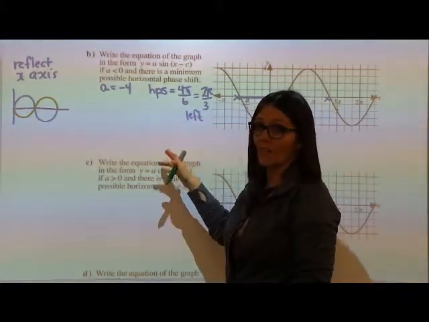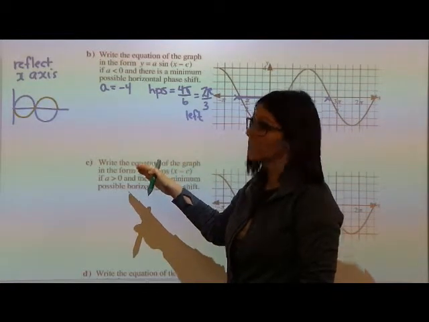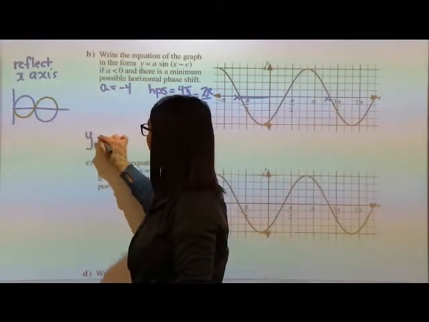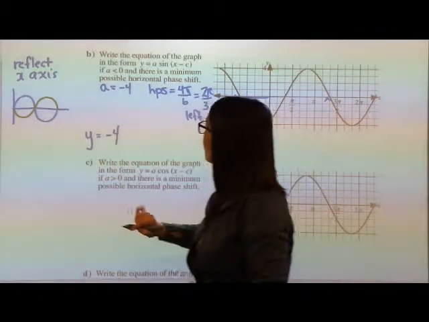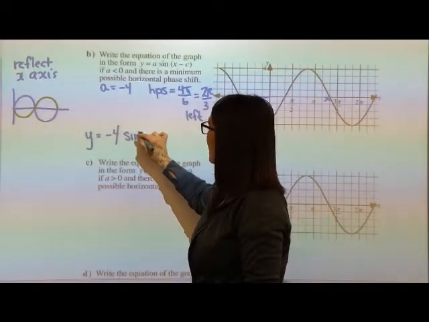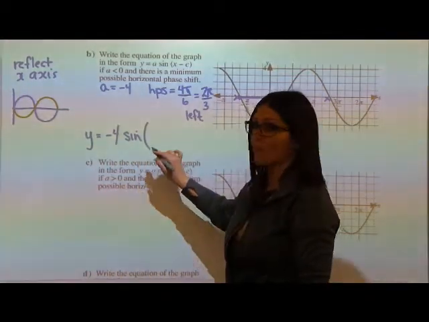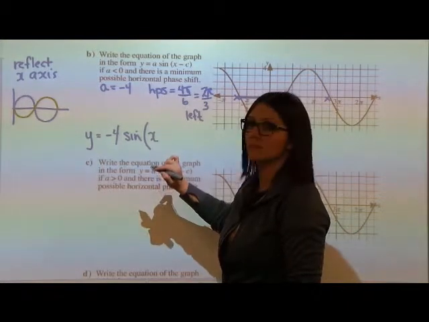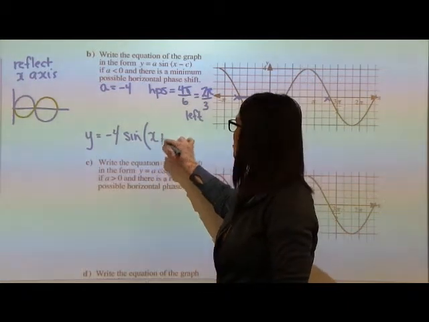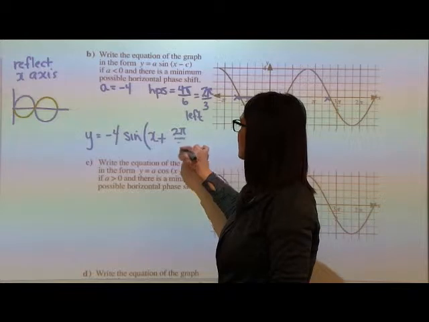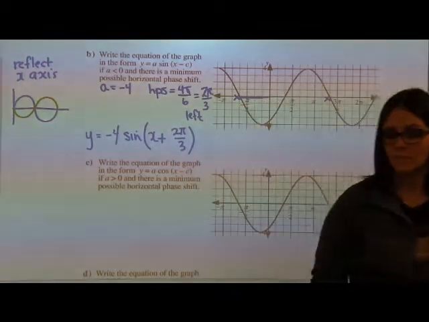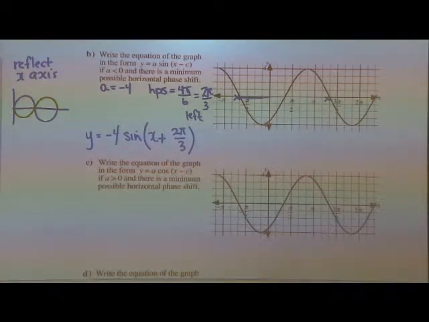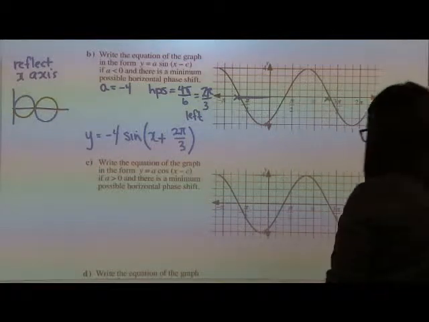So my C value would then be a negative. So I've got y equals -4 sine, and if I'm going to the left, this would become x plus 2 pi over 3. Is that getting better?